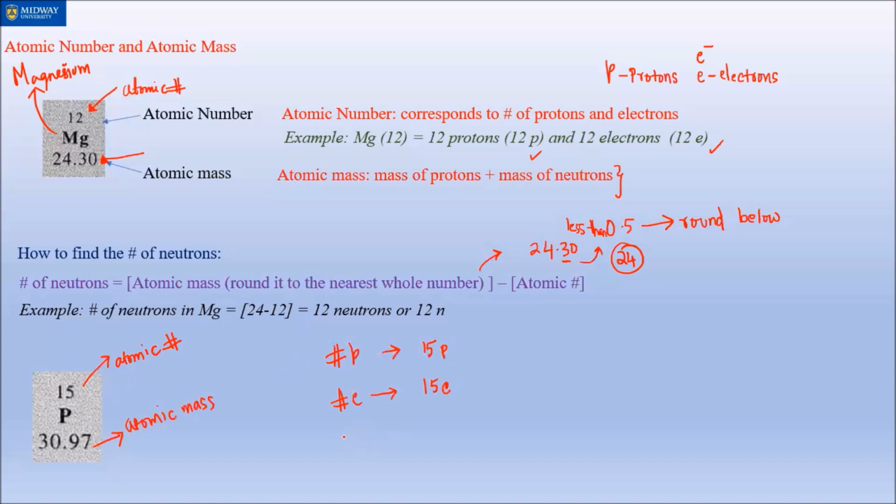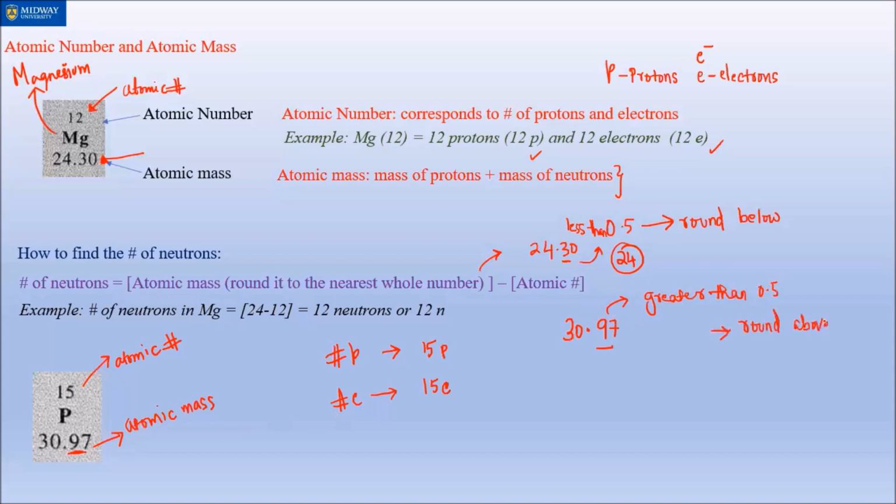And then, you see this decimal place is greater than 0.5, or thinking of it as 5, greater than 5. So you round it off to the nearest whole number above. So in this case, 30.97, this decimal is greater than 0.5, so round above, okay?